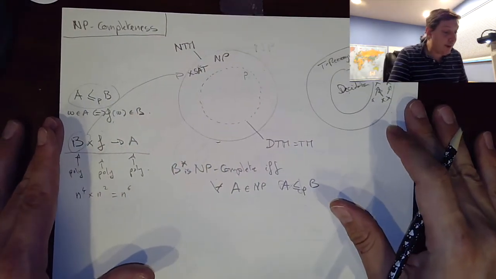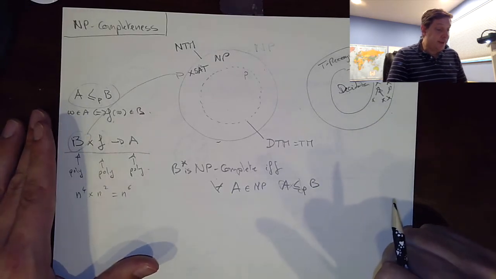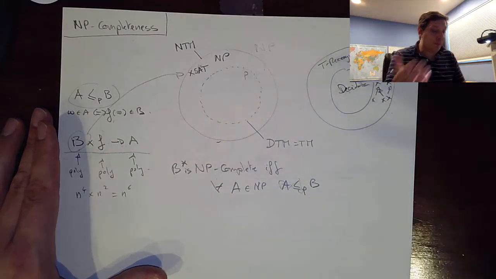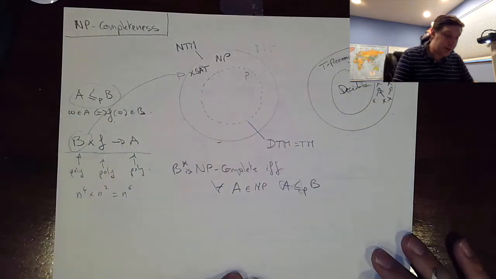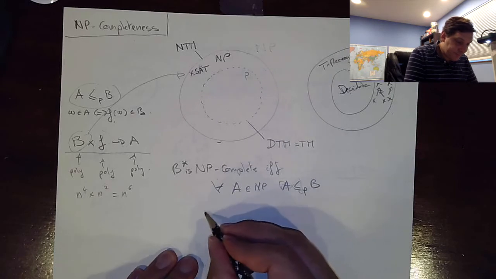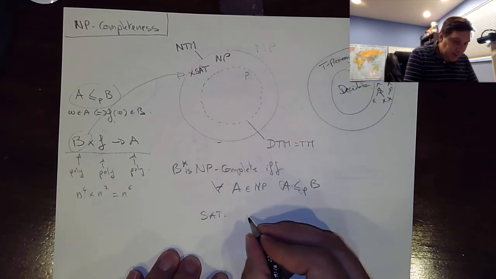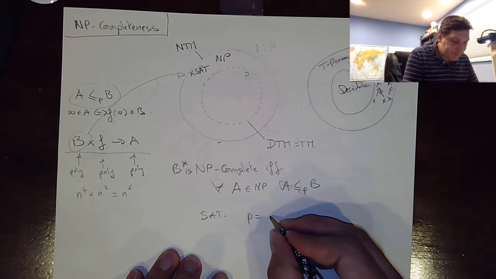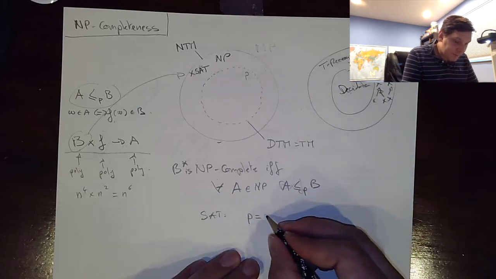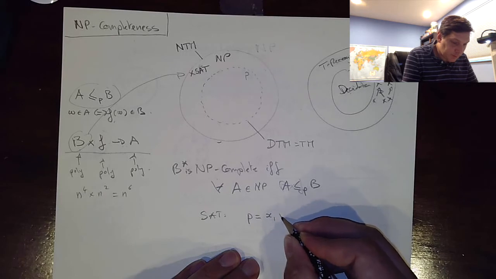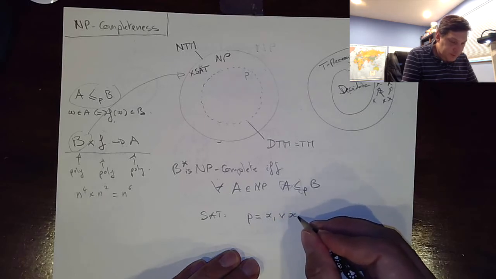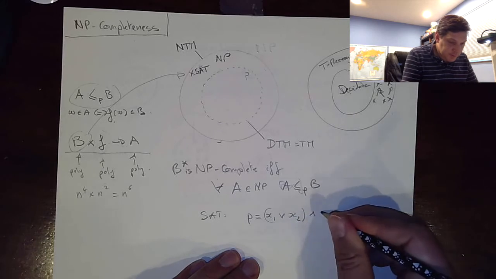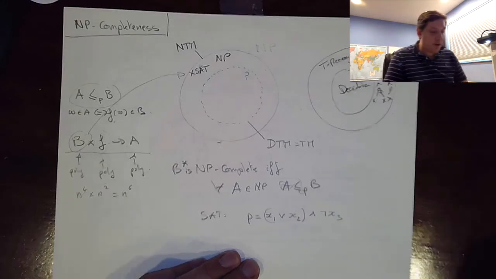The problem of satisfiability, you can look at the details in the book, but basically it's a problem of, I have a logical formula, right? So say a proposition P equals x1 or x2 and not x3.